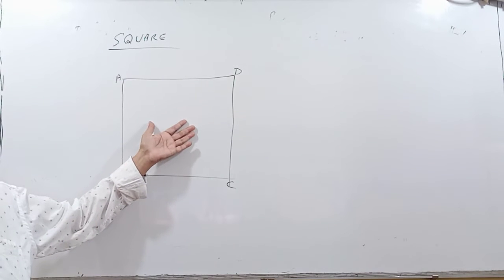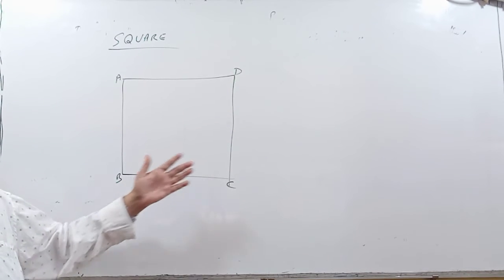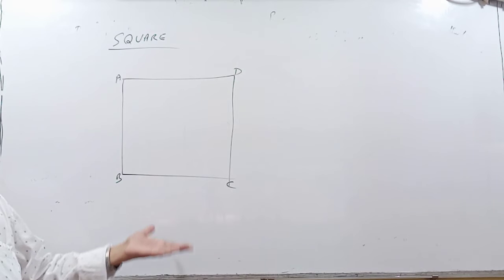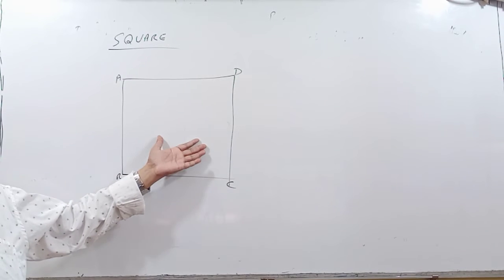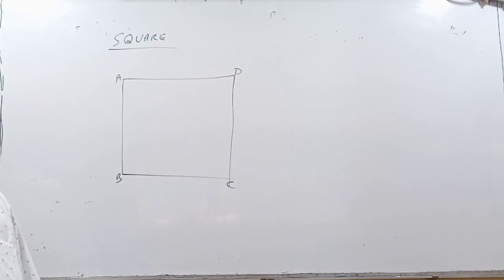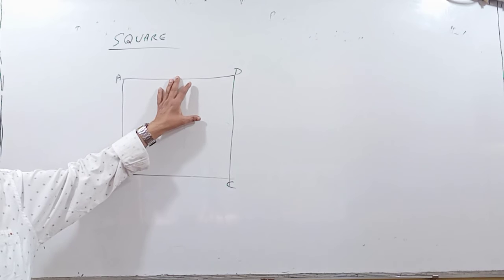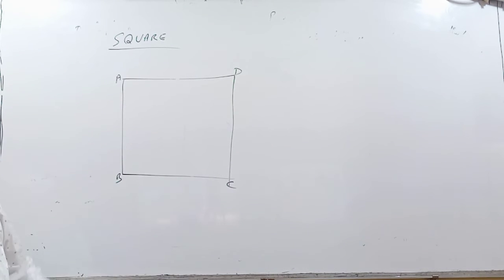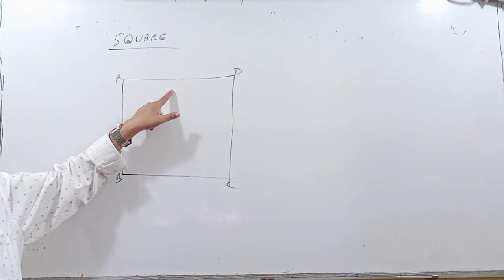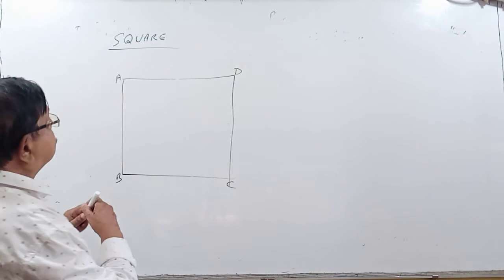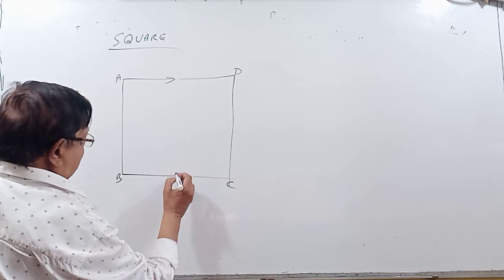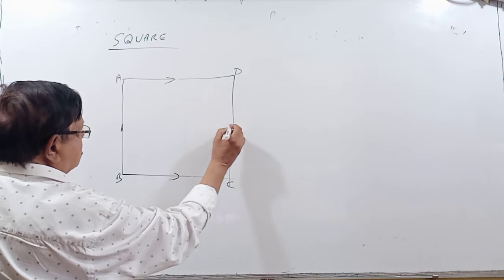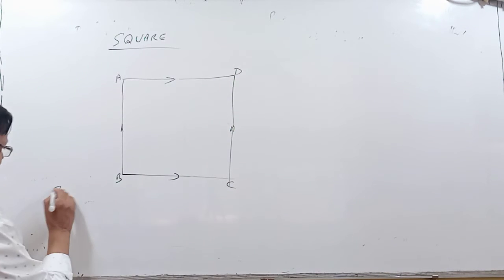Square is a rhombus. Square is a rectangle. Square is a parallelogram. Square contains everything. Square is the final of any quadrilateral. It is a parallelogram. Why? In a square, this is parallel to this and this is parallel to this. So square is a parallelogram.